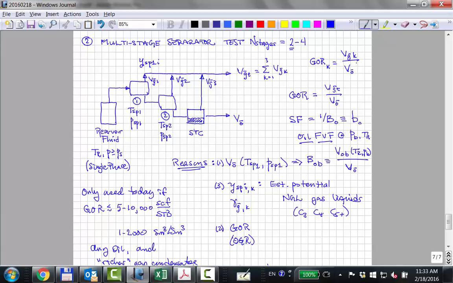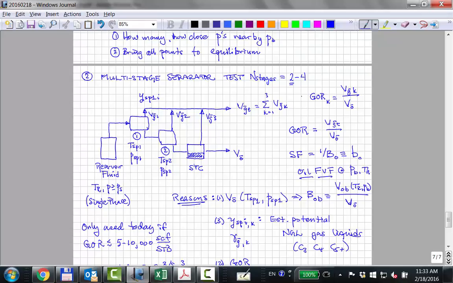That's one definition they may use, but they may use another definition, the actual separator oil volume here.